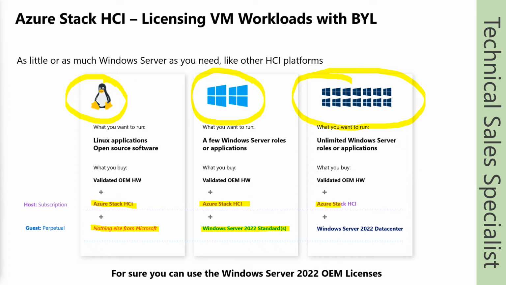Then it's the cheapest way to use Windows Server 2022 Datacenter, and for sure you can use the Windows Server 2022 OEM licenses without any limitations. So the OEM license can be used for the Azure Stack HCI clusters to license the virtual workload.